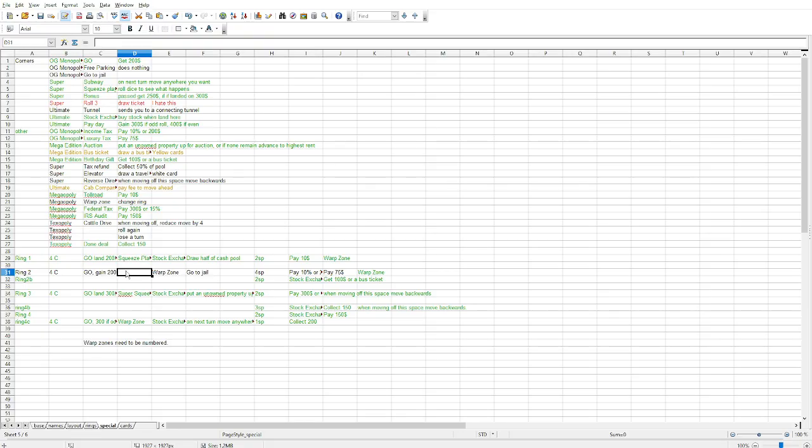This though, I can't just make two of the corners of it warp zones. No. Stock exchange is a good idea. I don't need there to be that many stock exchanges though. You know what? Screw it. This is actually a good idea.